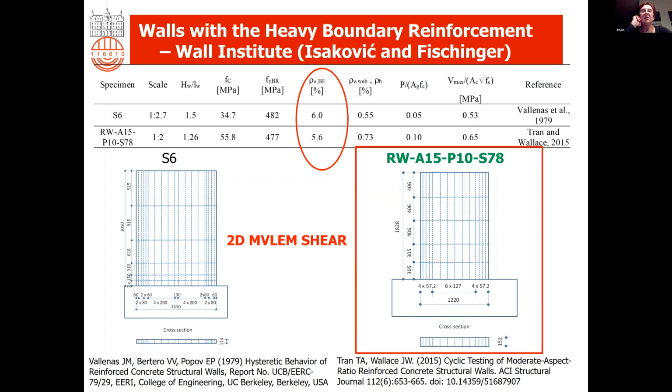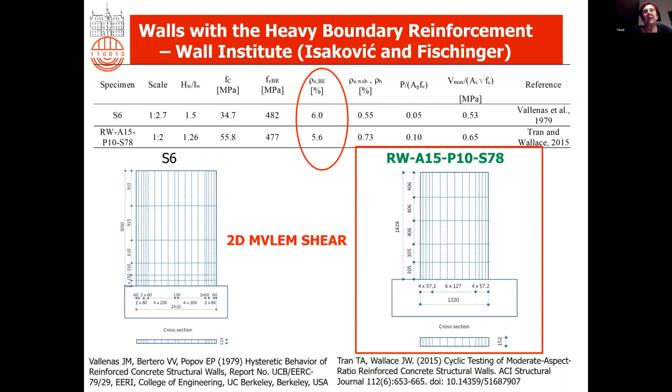So we studied different kinds of walls, and these two examples are interesting because in these two walls, there was very heavy reinforcement in the boundary columns, which was not typical for the walls that we had tested before.